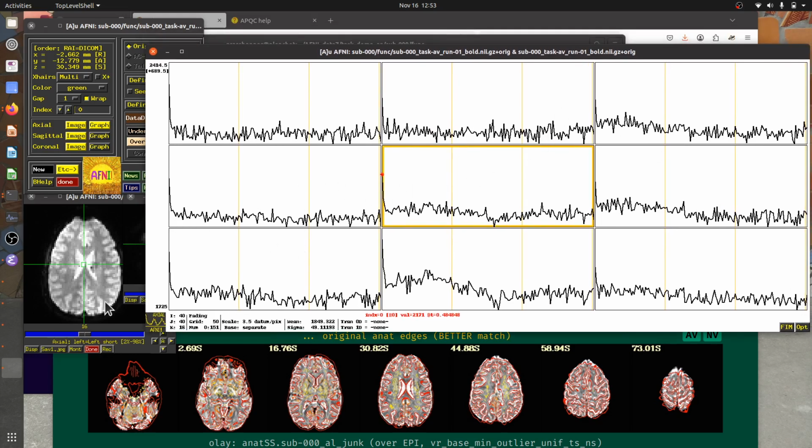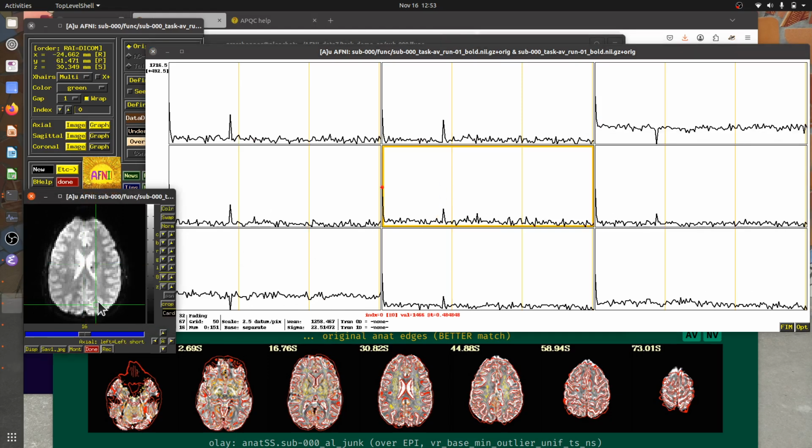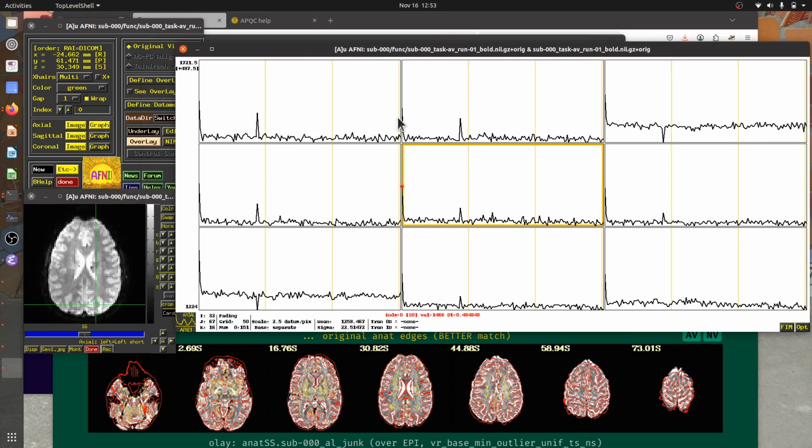As I click anywhere in the brain and open up a graph, if you look at the time series in a little box here or anywhere, for every time series there's a few time points that are higher, and then it settles down into bumps and wiggles. But it's not the same as motion, because some motion is up and down.